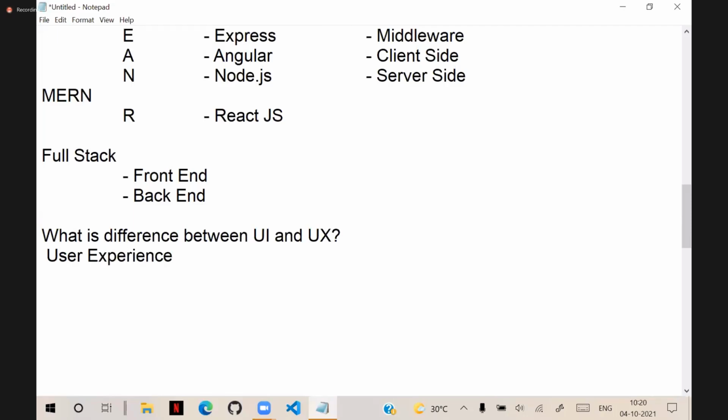UX is user experience. For UX, you have to learn technologies like Angular and React. Currently you are learning only the UI part. To learn UX, you should have knowledge of React and Angular. If you have knowledge of React and Angular, then it gives you the experience of UX also.